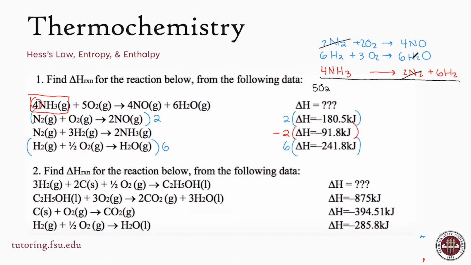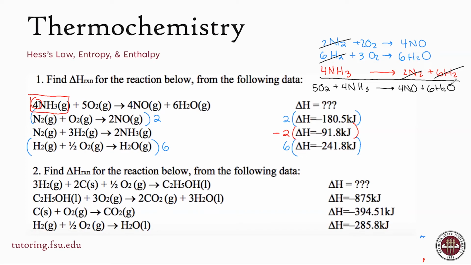And if things are on opposite sides of the arrows, it means the reactant is also a product and we can cancel them. And the final reactant we have is just the 4NH3. And as for products, nothing else to cancel. We have 4NO plus 6H2O, which is exactly the reaction that we were given.